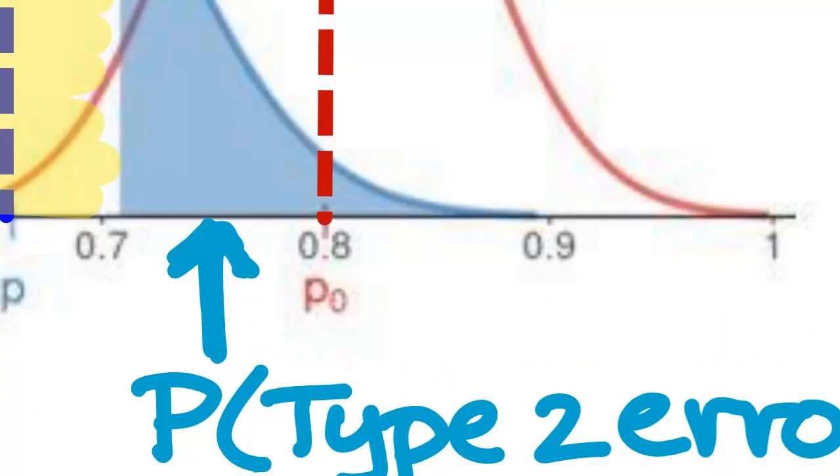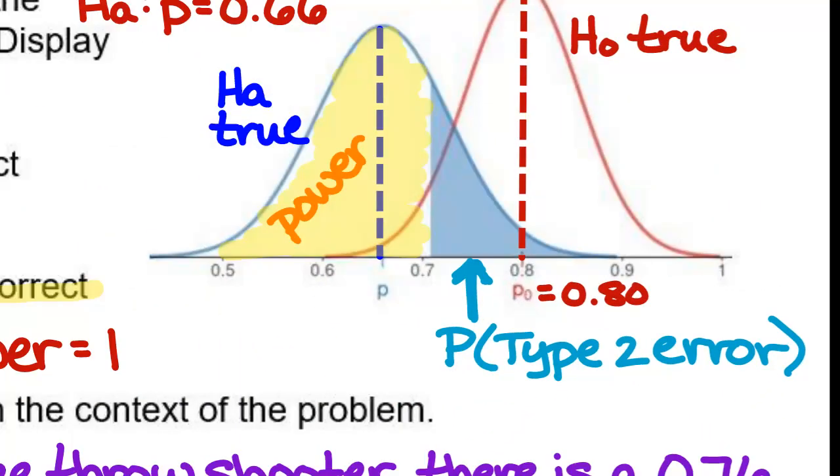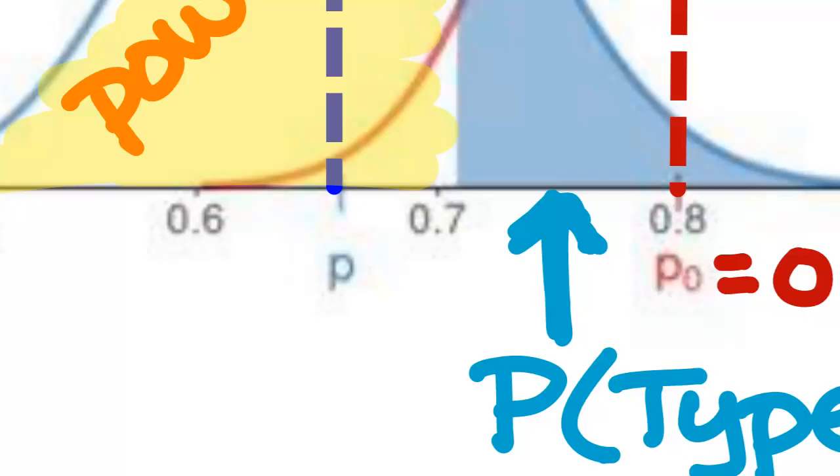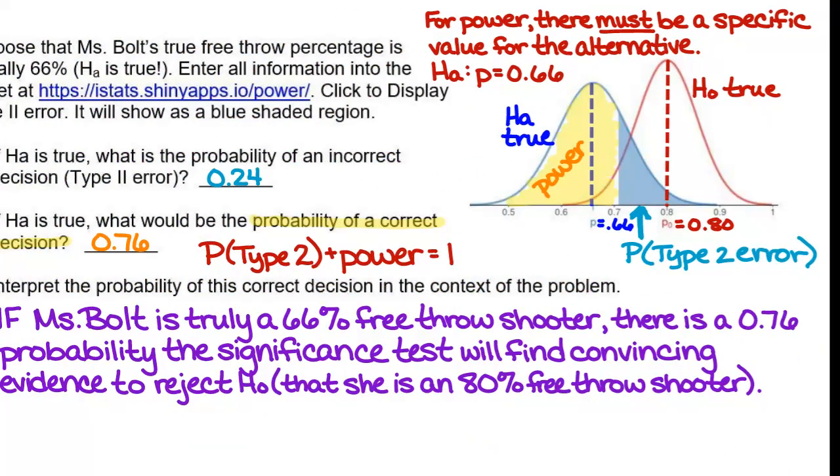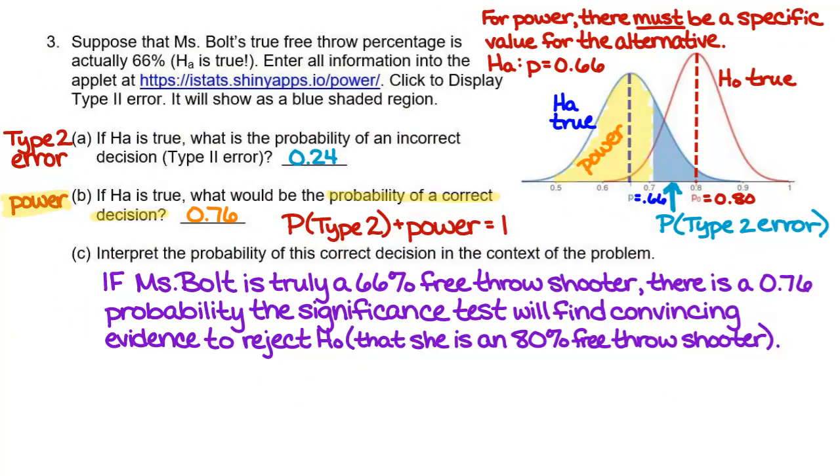Our null hypothesis was that P equals 0.80. The alternative hypothesis is that it's actually 0.66. And if that's the truth, then we have a 76% probability of reaching a correct decision here, of finding convincing evidence that the Ha is true.